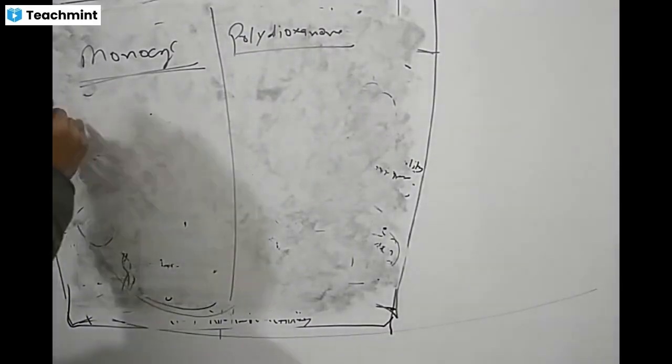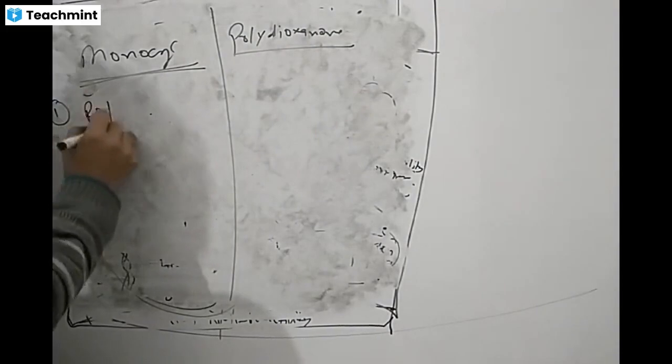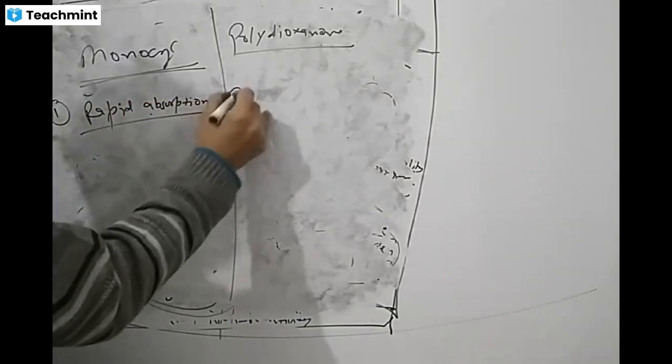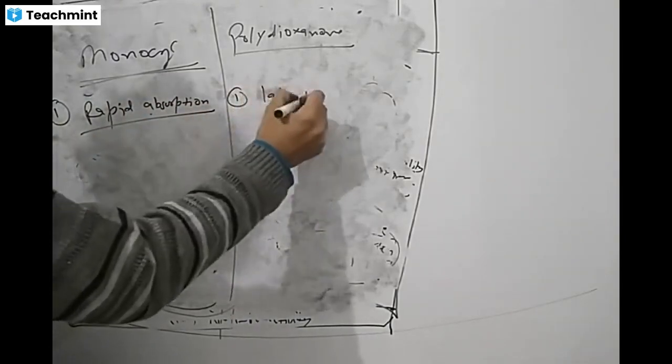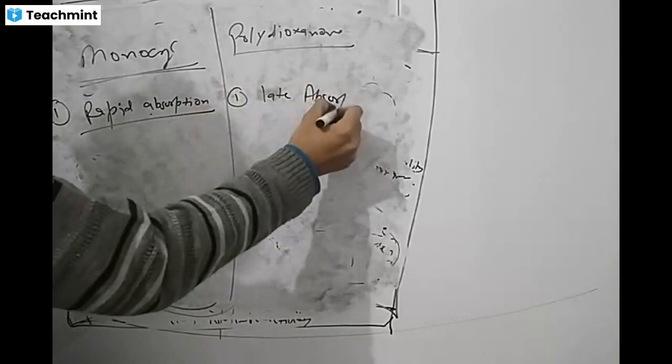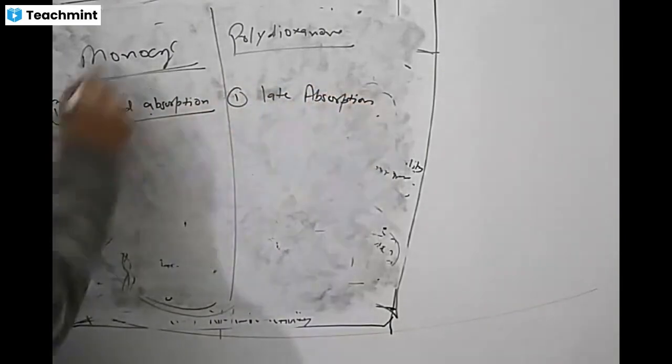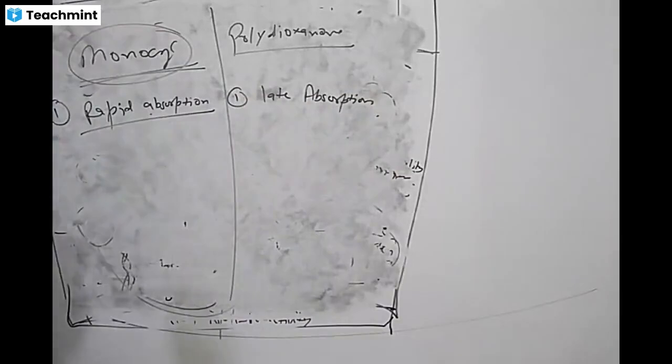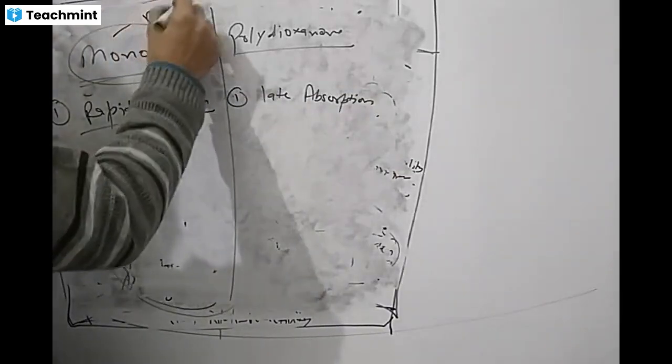Monocryl is known for its rapid absorption, and polydioxanone is known for late absorption. Monocryl is nothing but a monofilament, and polydioxanone is also a monofilament.